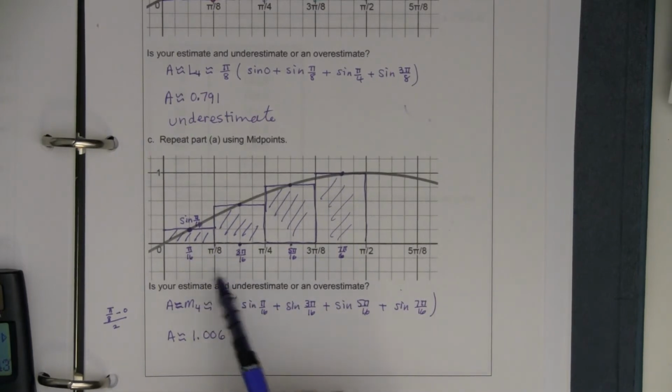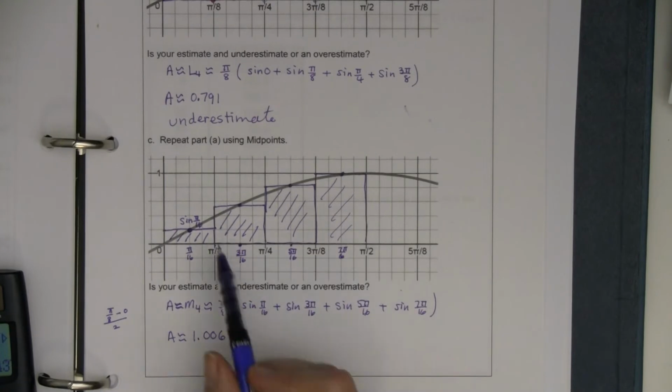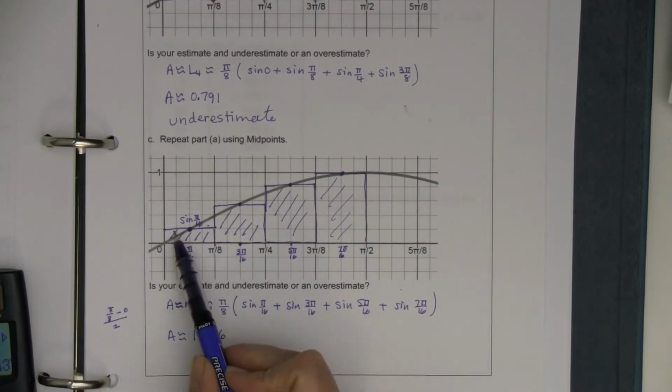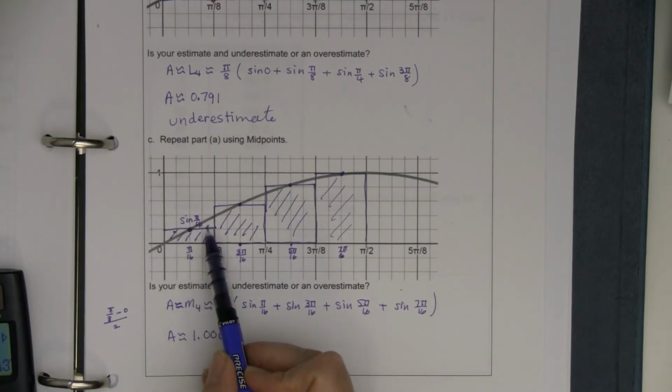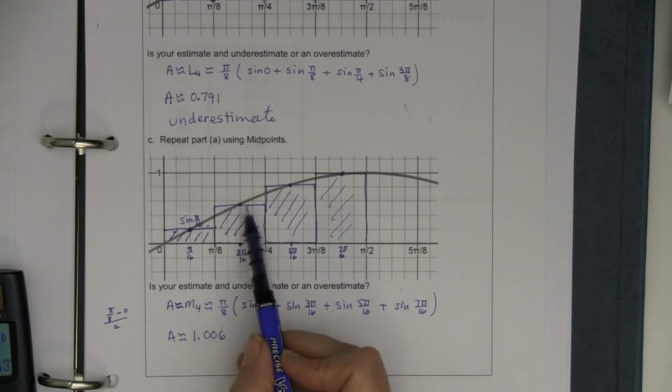And you have to admit that it asks you, is it an underestimate or overestimate? And it's pretty hard to tell, right? It could go either way because this is about that same size. So this was over, but that was under, and they're about the same size, so maybe a wash. And same here.